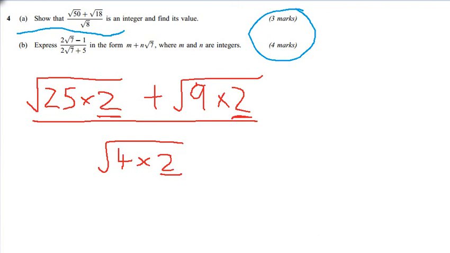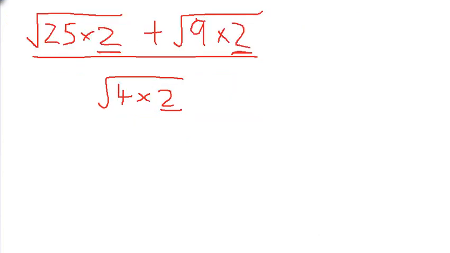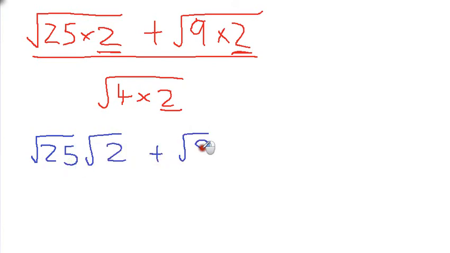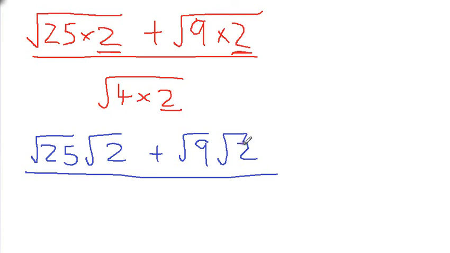So if we go down a little bit, let's simplify that further. We've got the root of 25 times the root of 2 plus the root of 9 times the root of 2, over root 4 times root 2. And you can probably see where this is going.